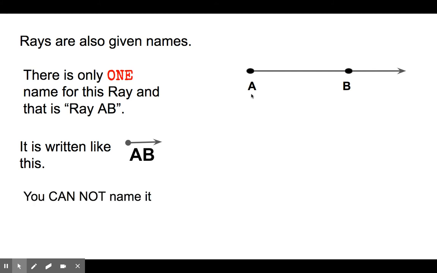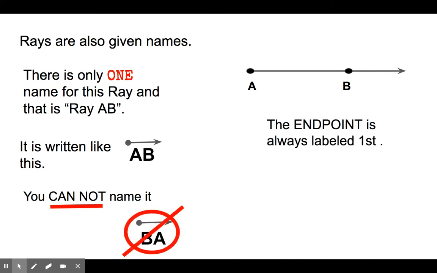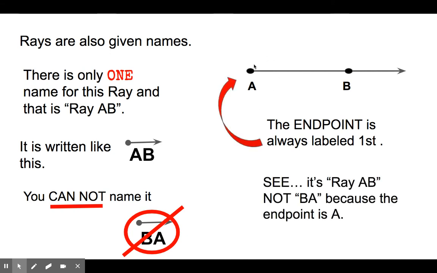You cannot, and I repeat, cannot name it BA, because the endpoint is always labeled first. So in this case, it's AB because A is our endpoint. So again, it's called ray AB, not BA, because the endpoint is A.